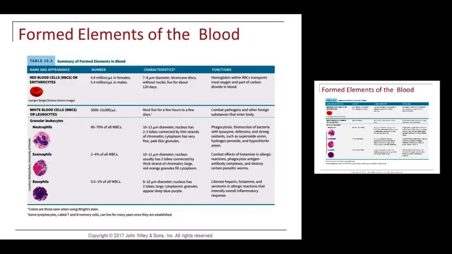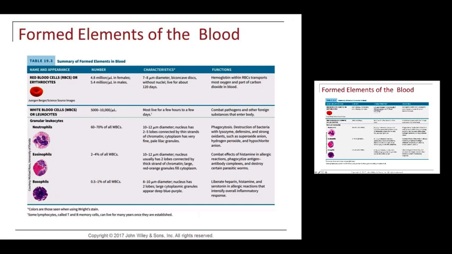Okay. The neutrophils, eosinophils, and the basophils, again, when we look at their structure and their function, and we look at some of their characteristics, you can see that up on top, the red blood cell, 7 to 8 micrometers in diameter. They're biconcave. There are no nuclei.